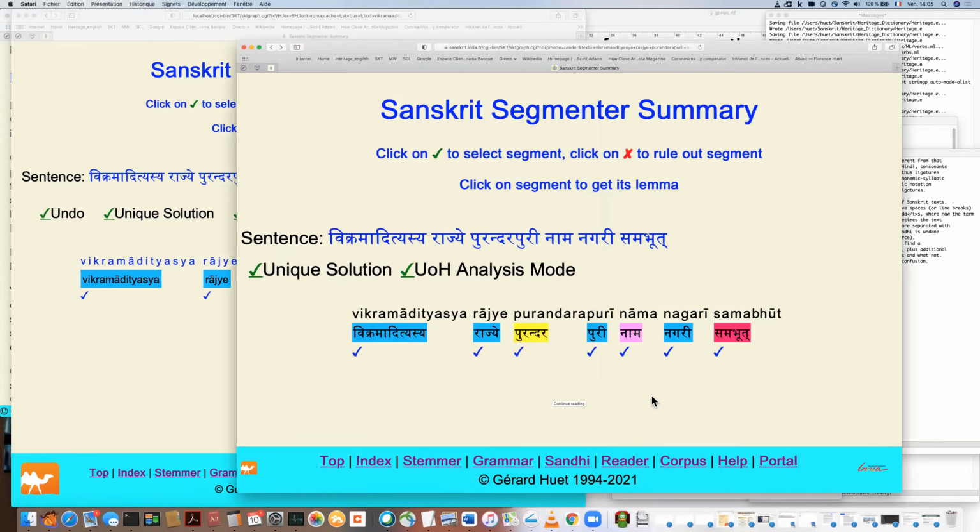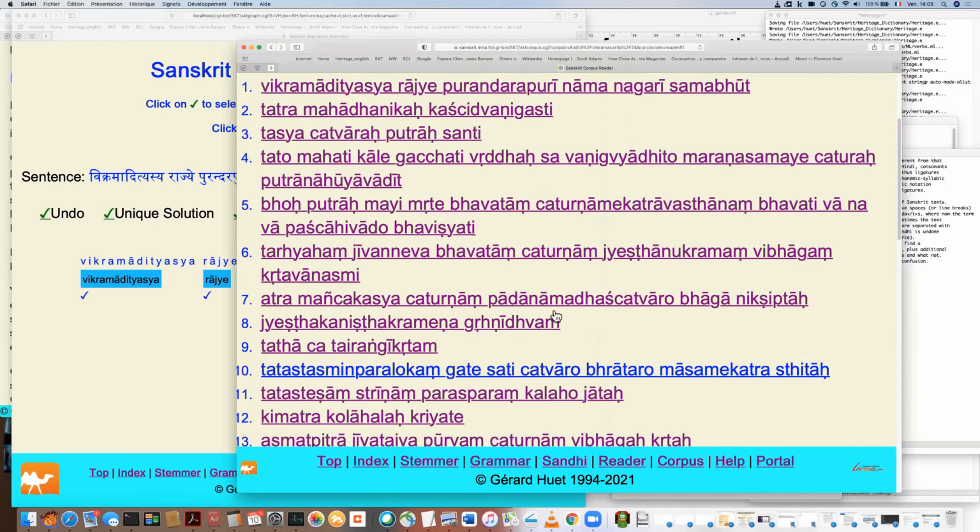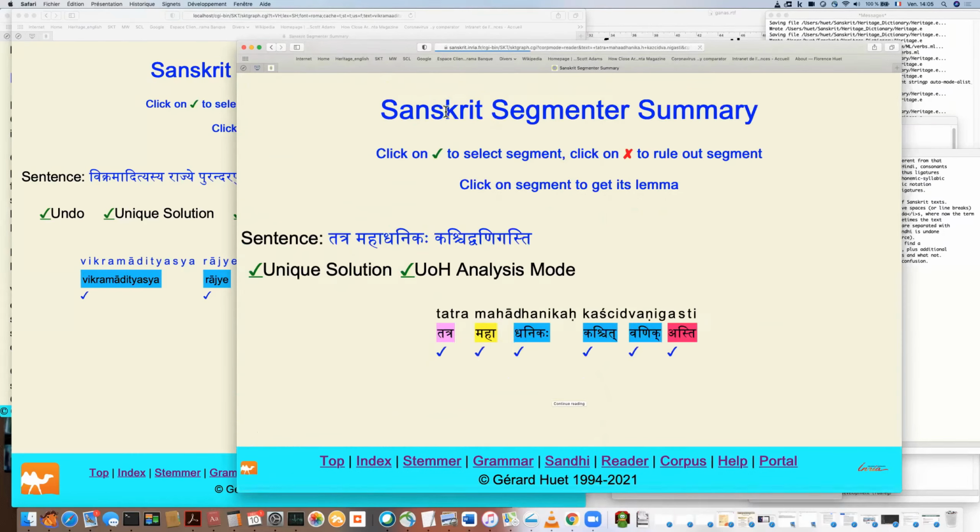Okay, so the exercise is to read the story progressively. Progressively means in the corpus mode, click and continue reading and go to the next sentence. Then click. Then you get the correct analysis with Devanagari printing, with access to Monier-Williams, so that you can understand what it means if you don't know the vocabulary.